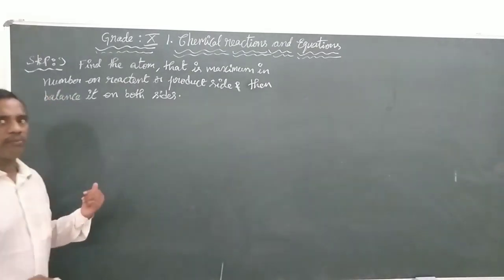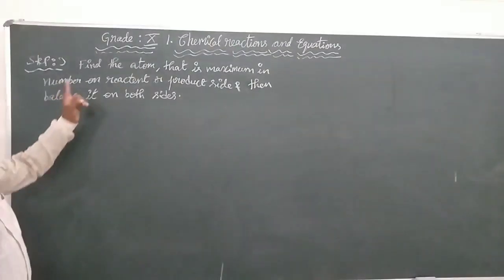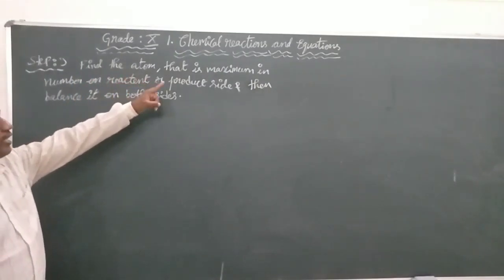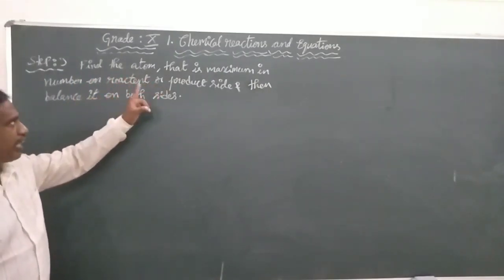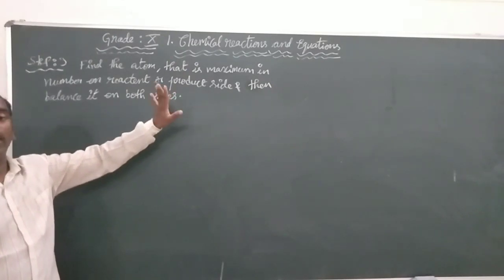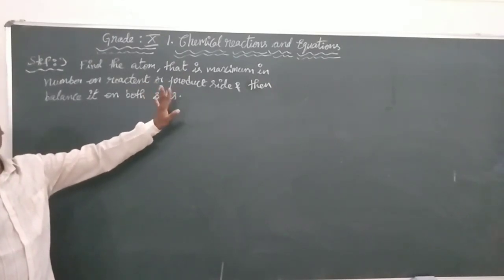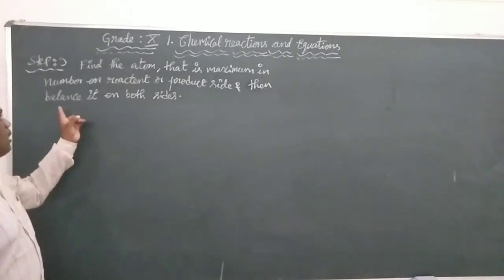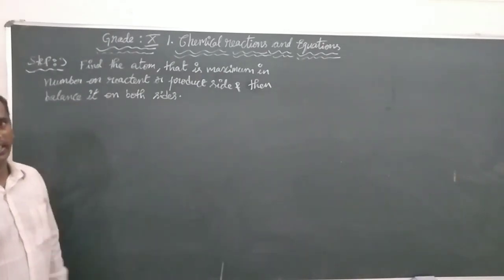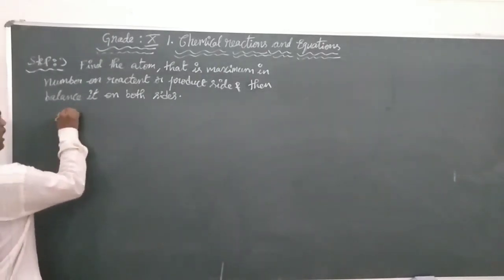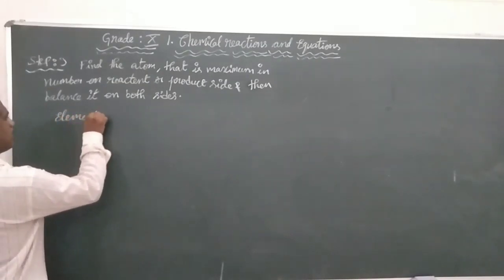That is what we are making the third point highlighted. Find the atom that is maximum in number on reactant or product side. We have already identified the atom is the oxygen. Then balance it on both sides.